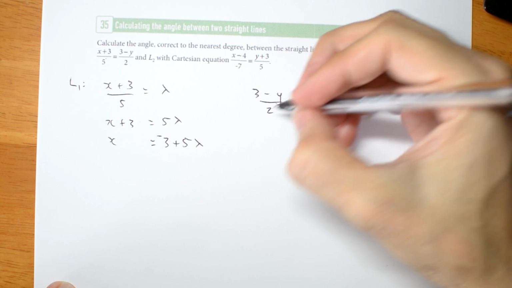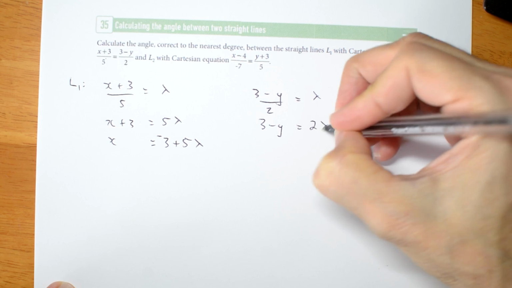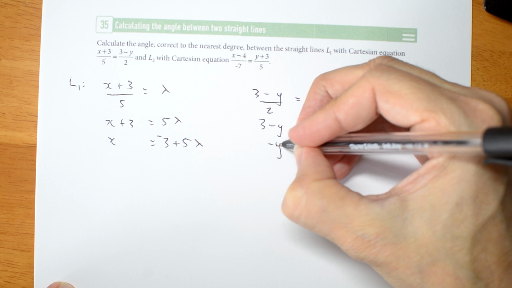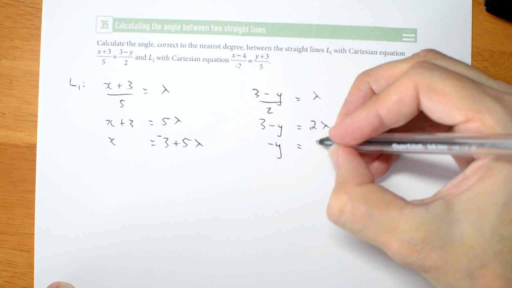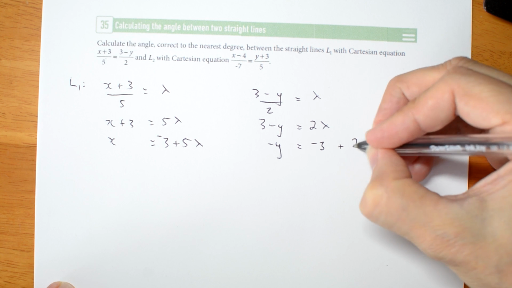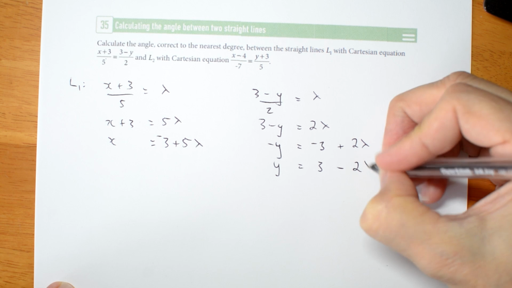And this one says 3 take y is 2 lambda. Carefully with the negative sign, leave it where it is for one step. Negative y is negative 3 plus 2 lambda. So y must be 3 minus 2 lambda.